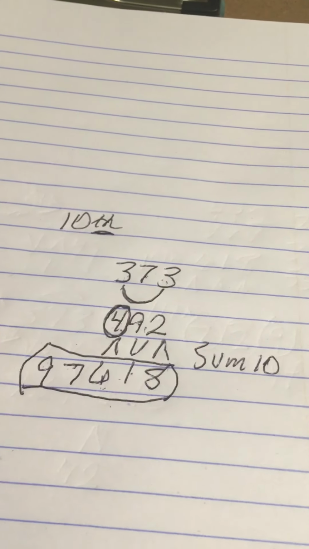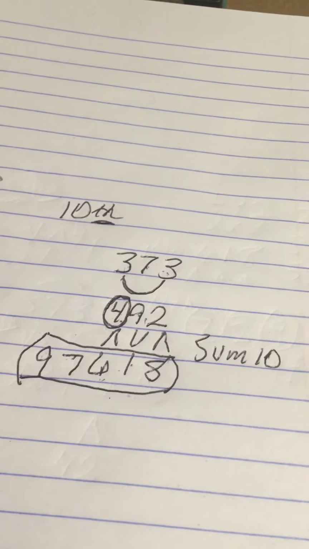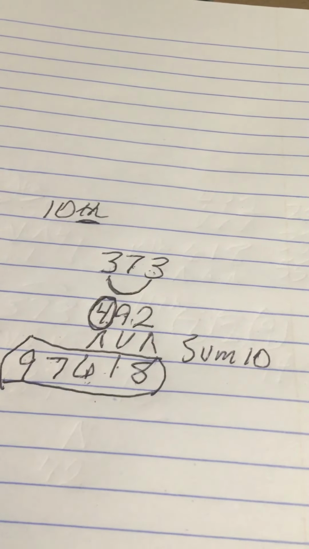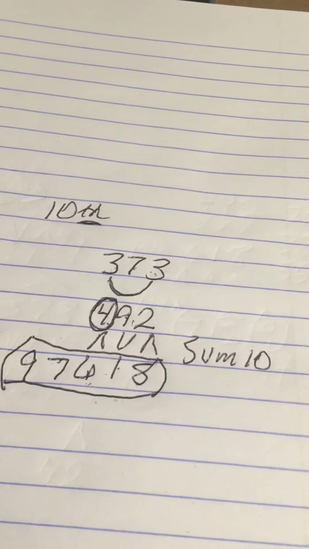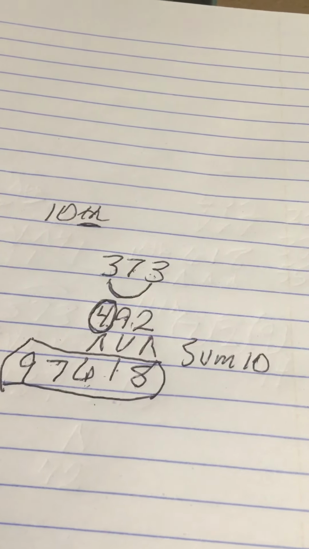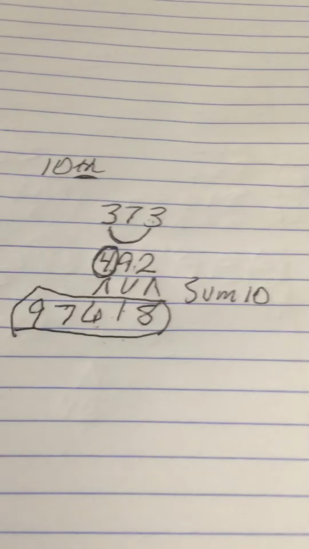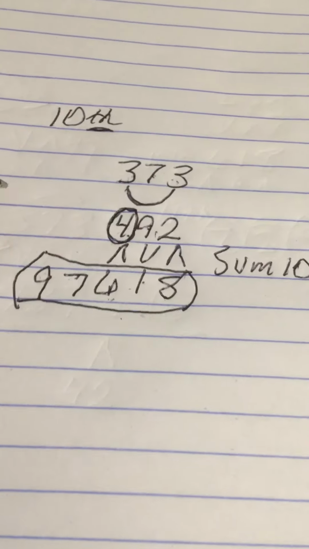Now, one more thing, he can give you a sum 11 and be just fine. But he really needs to cover that and bring that 10th up. Okay? I'm going to make more than one of these videos. I know I got people out there going, what in the world is he talking about?